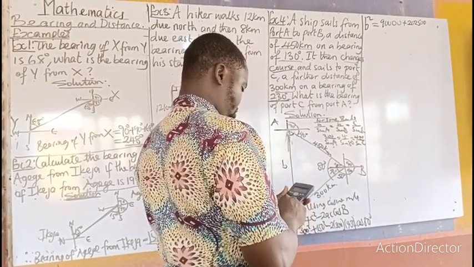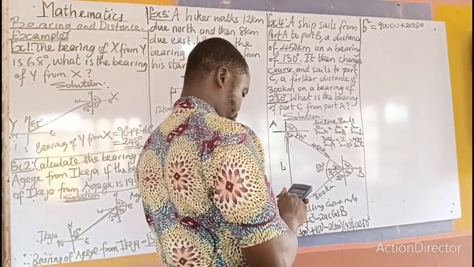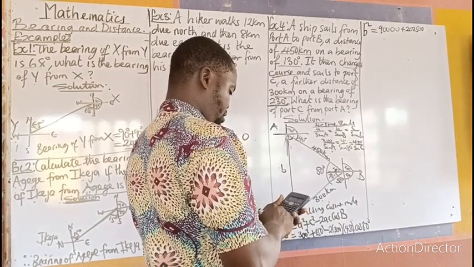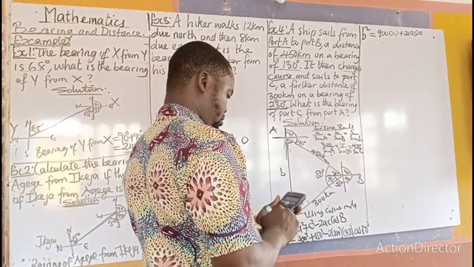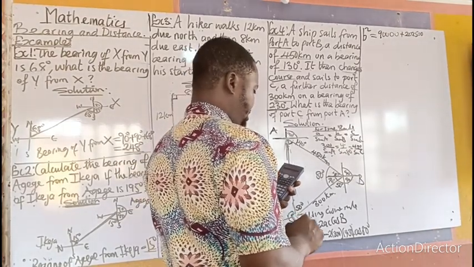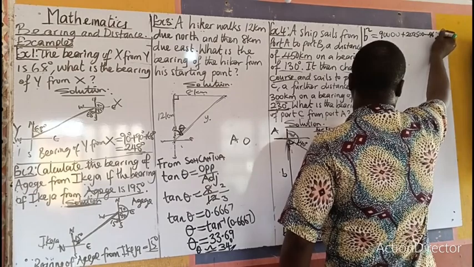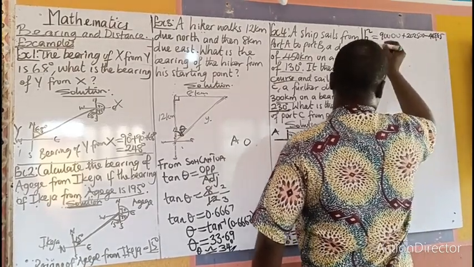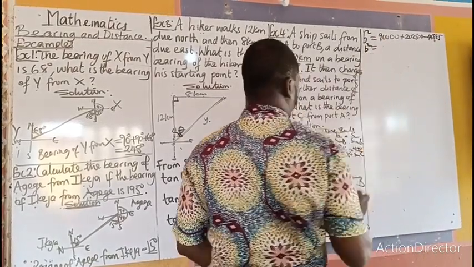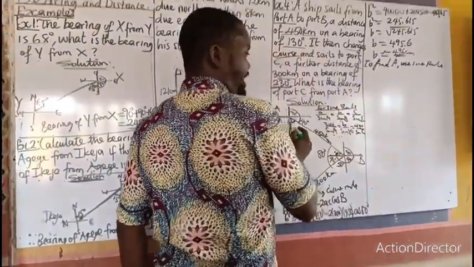Then cos 80, we have 46885. So minus 46885, that gives us 90,000. So now you know that what we want to find is A.